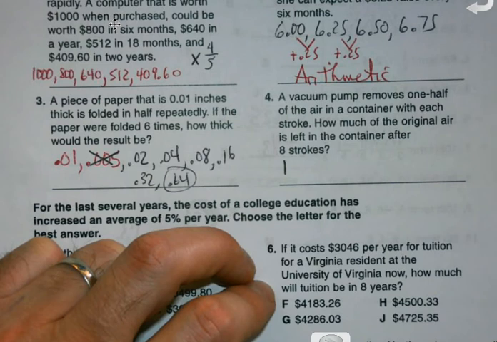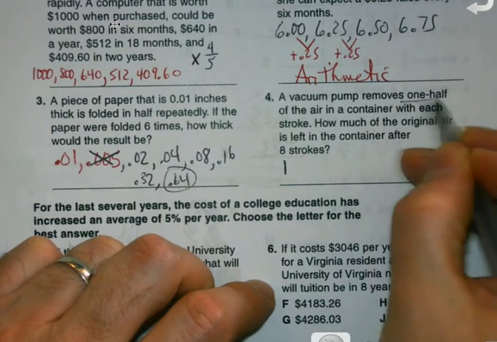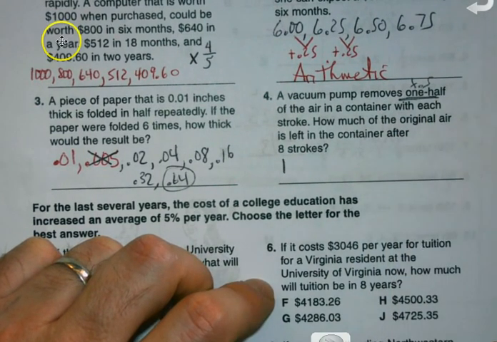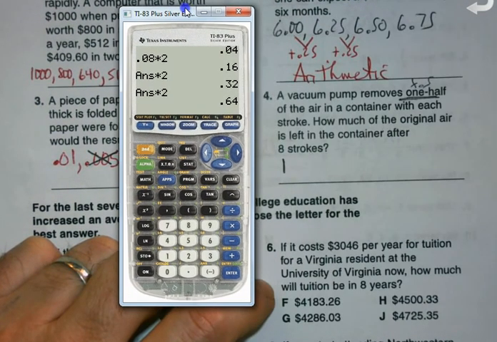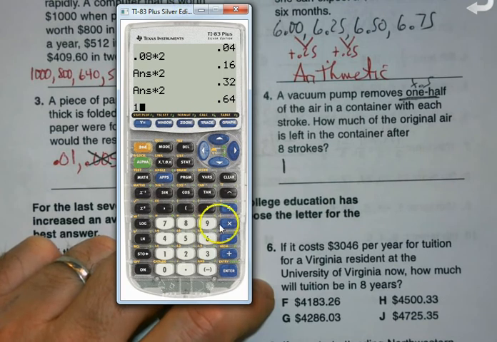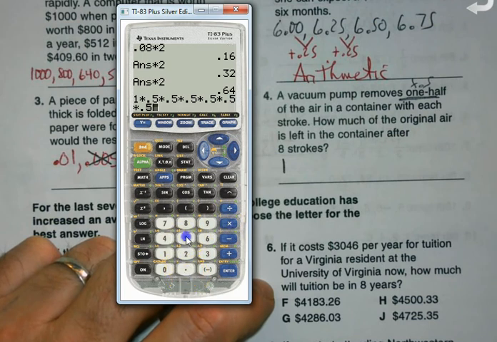If I'm removing half each time, now we're into what Taylor was talking about before. Yeah, now we're going to times by 0.5. It's just looking at numbers and being able to understand the patterns. So, okay, 8 times. So that'd be once, twice, 3, 4, 5, 6.